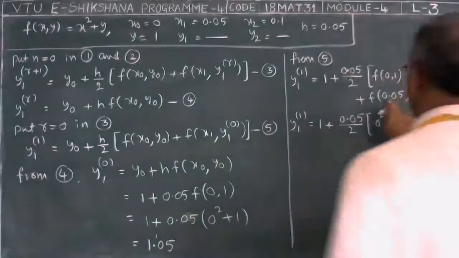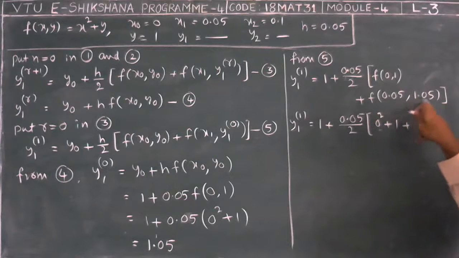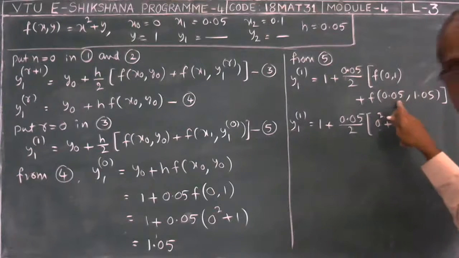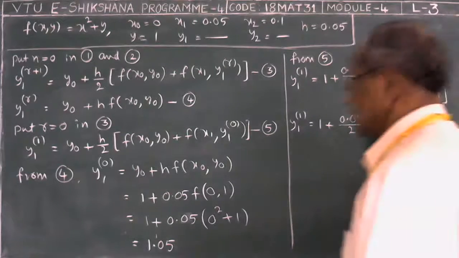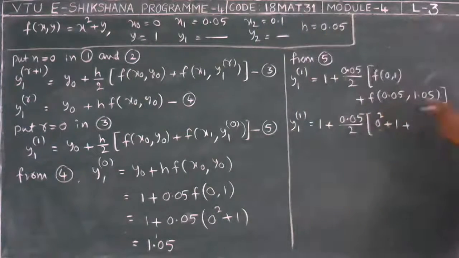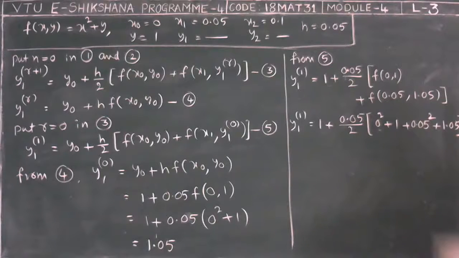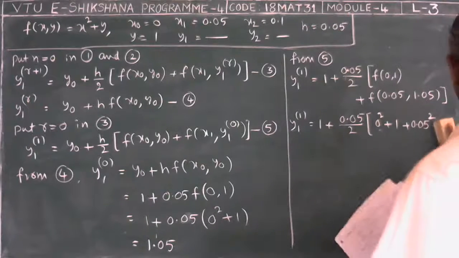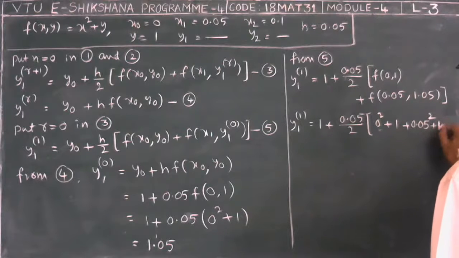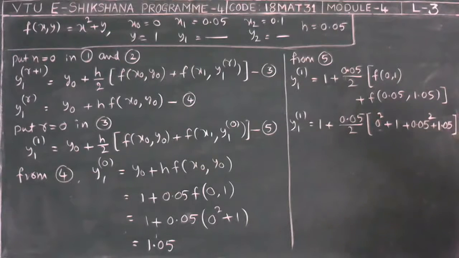Then plus f of 0.05 comma 1.05 is 0.05 whole square plus 1.05.